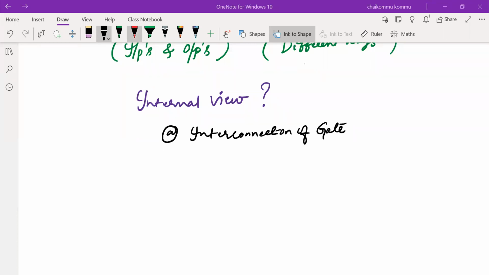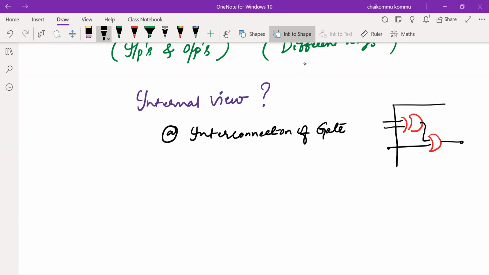For example, we have an exclusive OR gate, an OR gate and an AND gate, something like this, with two input signals, one input here and another here.